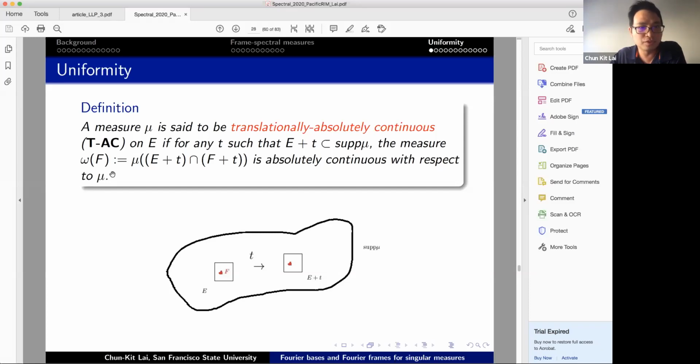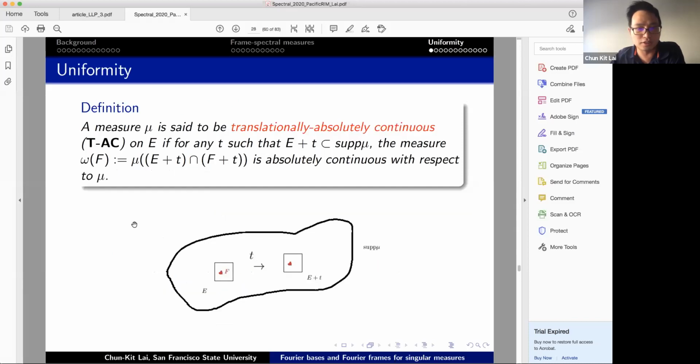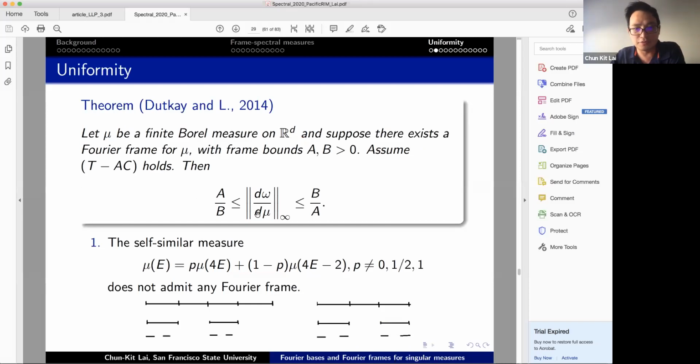So that was the result we proved, myself with Dorin Dutkay, in 2014. If I have a frame-spectral measure, with a certain frame bound, and translational absolute continuity holds on a certain set E, then the Radon-Nikodym derivative will be bounded above by the frame bounds B over A, and bounded below by A over B. This result manipulates the frame inequality and uses the absolute continuity.